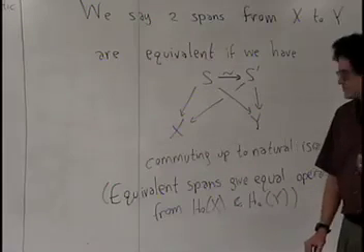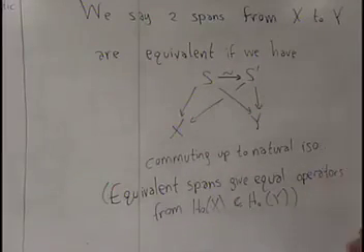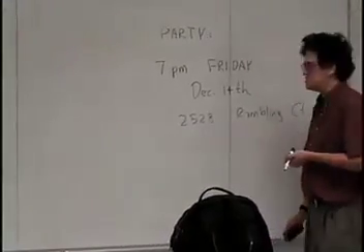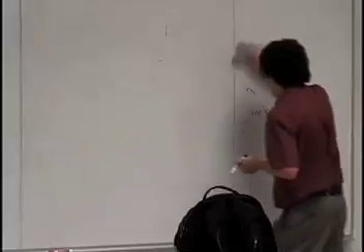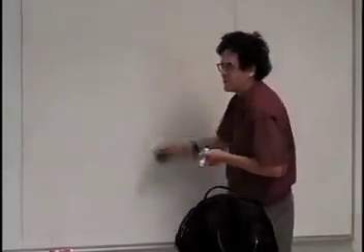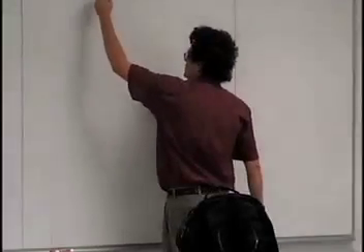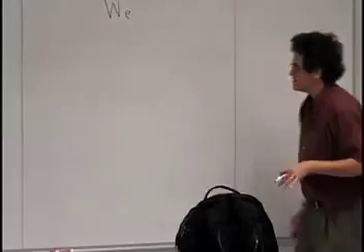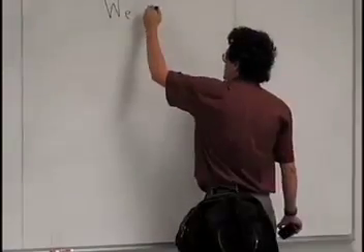So that's one thing. And then another thing is, how do we compose spans? Oh, now everyone's invited to the party. The whole world is how do you compose spans? We're trying to get a category where the morphisms are these equivalent classes of spans, so we have to know how to compose them.